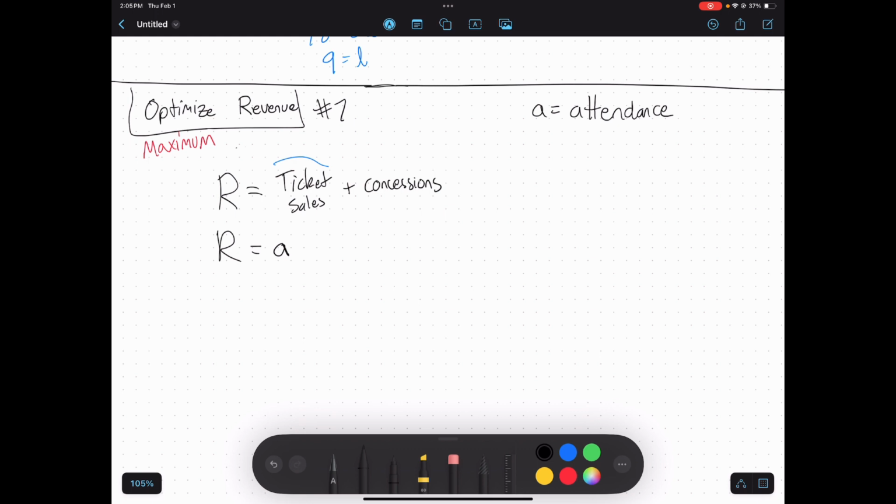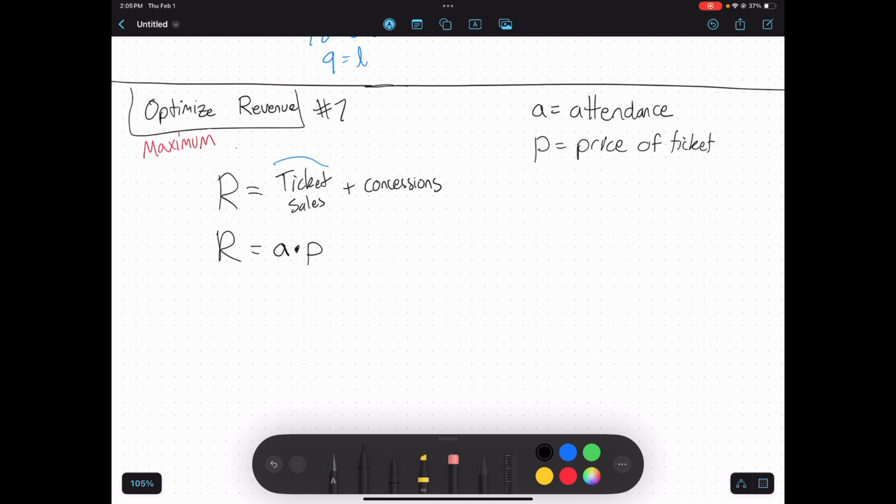It also depends on what price you charge for your tickets. In fact, if you look at the problem, that's what they're asking you to figure out. What price should you charge in order to maximize revenue? So your ticket sales also depends on the price of the ticket.